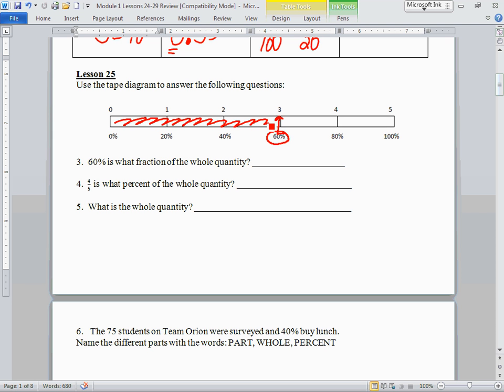What fraction is it? 3/5. 4/5 is what percent? 80%. And what is my whole quantity? What makes it a whole? 5. Exactly. 5 was my whole quantity.